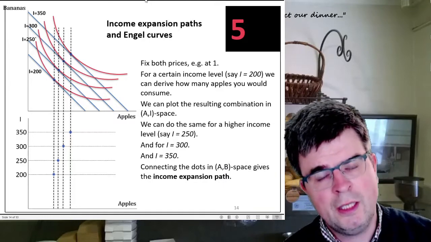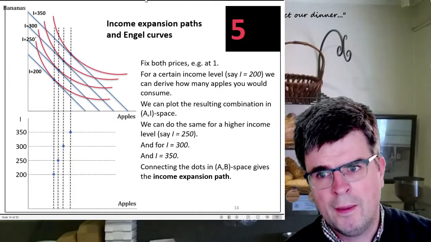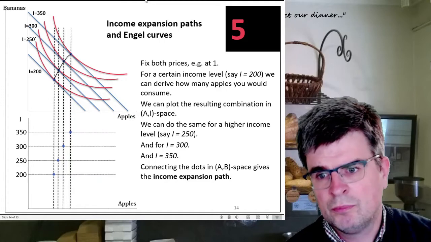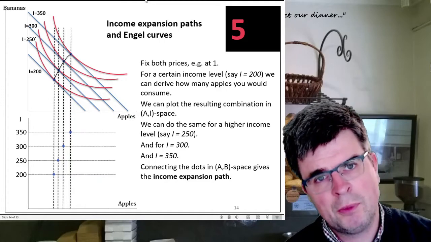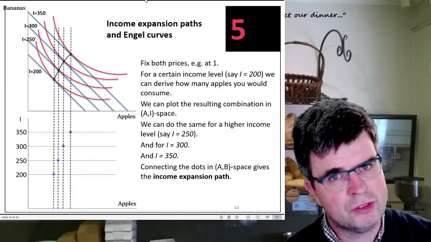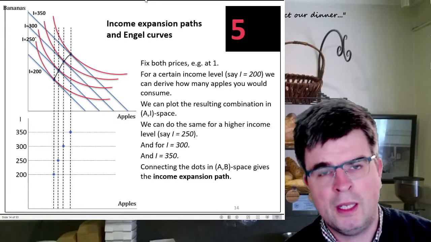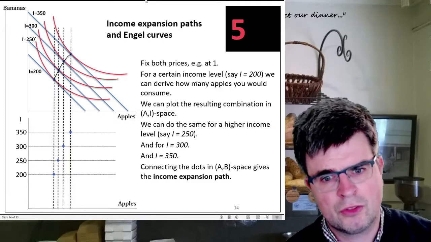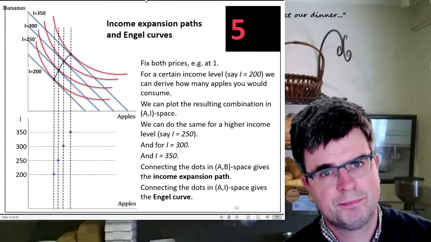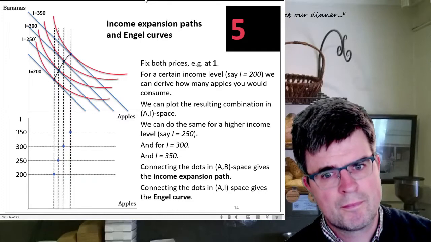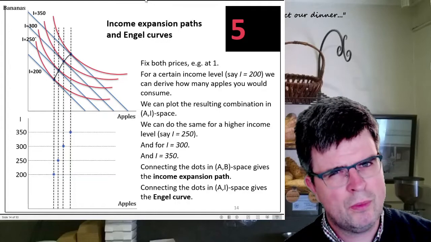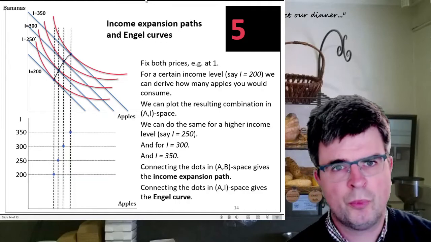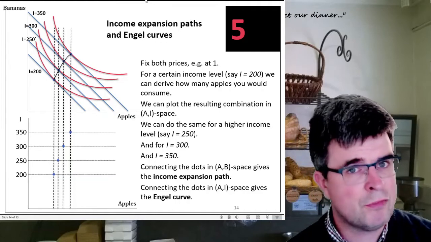That will give us the income expansion path. And then we can do something similar in the bottom graph, and that one will give us the Engel curve, the relation between income and the consumption of apples. So this is the graphical exposition of what in the quiz you did mathematically.